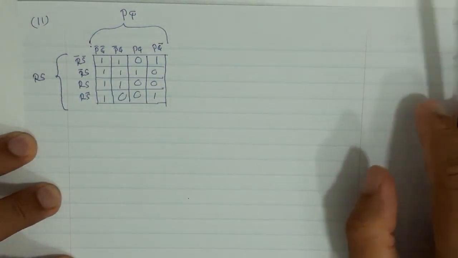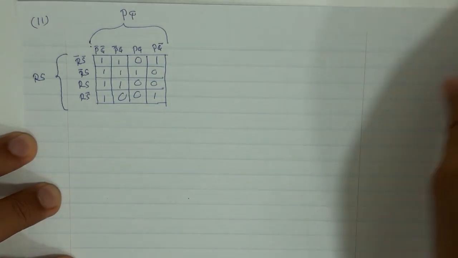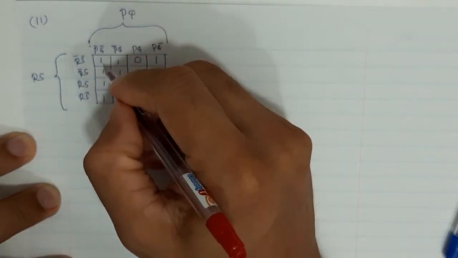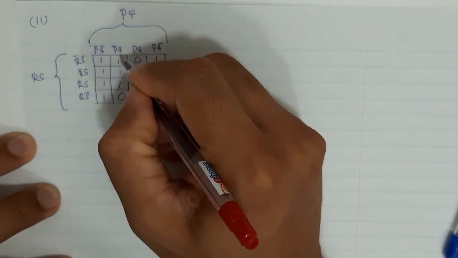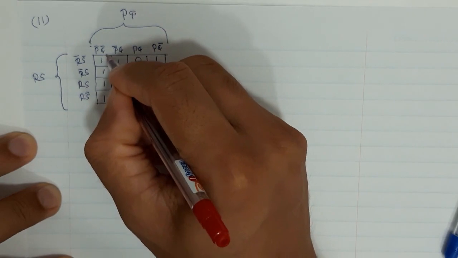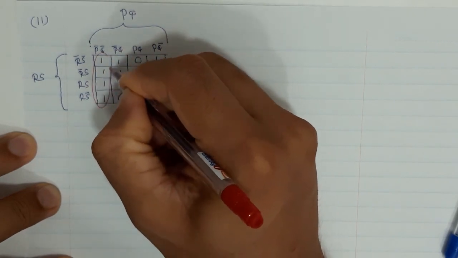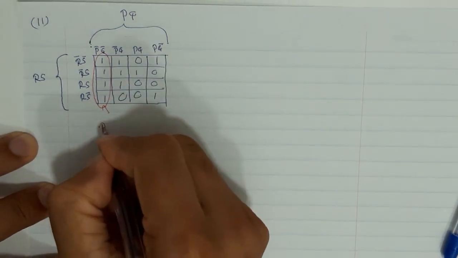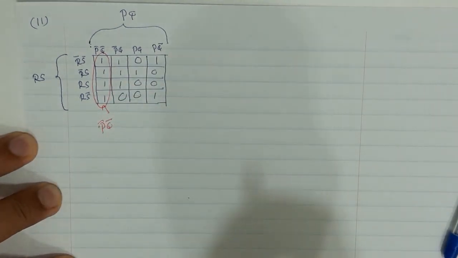The rest is nothing. Now, when I continue the grouping to get the equation, I see 4 ones here, 3 ones here, and the maximum group I can prepare is a group of 4 ones. For this group of 4 ones, the common variables are P bar, Q bar.